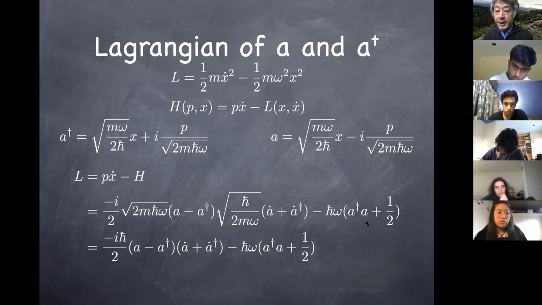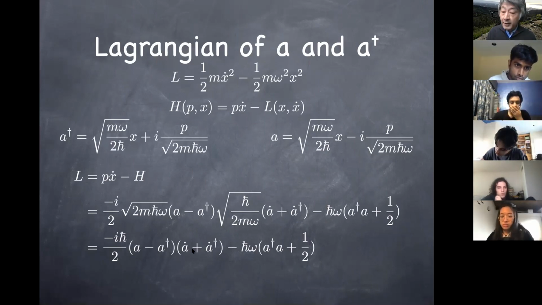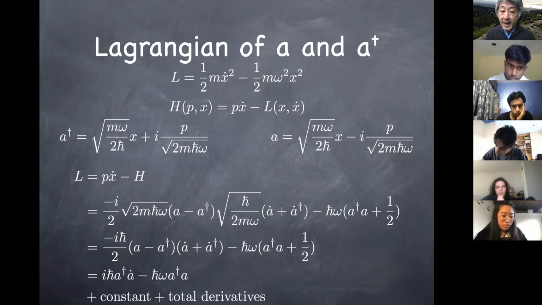And we know the Hamiltonian is given by a dagger a. So this is how you can write the Lagrangian in terms of a and a dagger. And now I have a piece, a dot a, which is the total derivative of a squared. And I'm sure you learned in classical mechanics class that a total derivative in the Lagrangian doesn't do anything for you, so you can drop it.